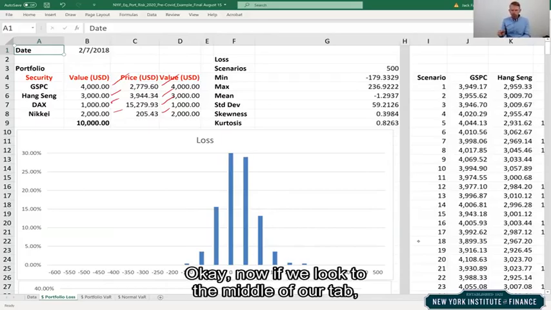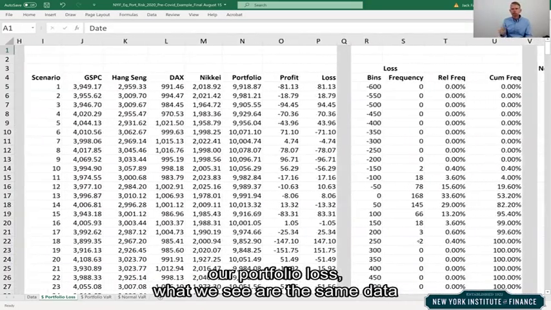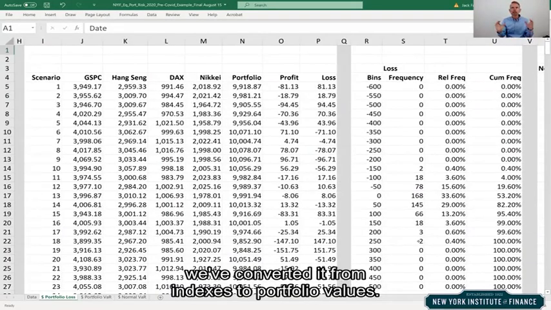Now, if we look to the middle of our tab, our portfolio loss, what we see are the same data that we saw before in our data set, except now we've converted it from indexes to portfolio values.